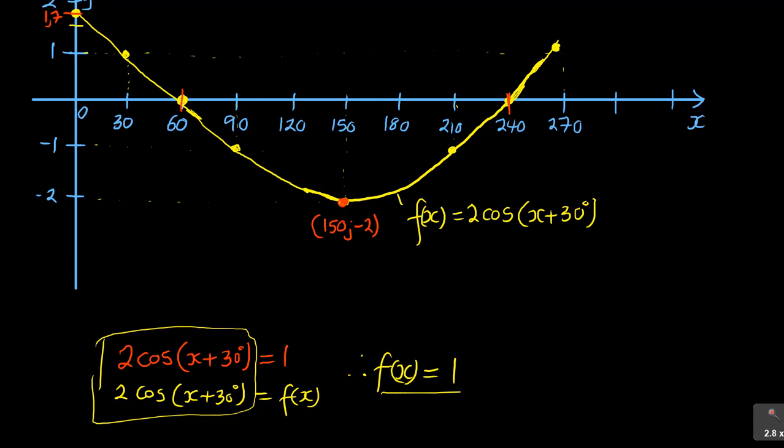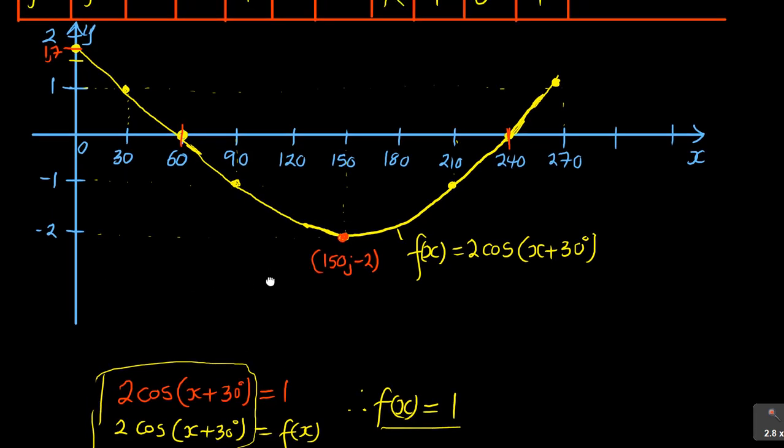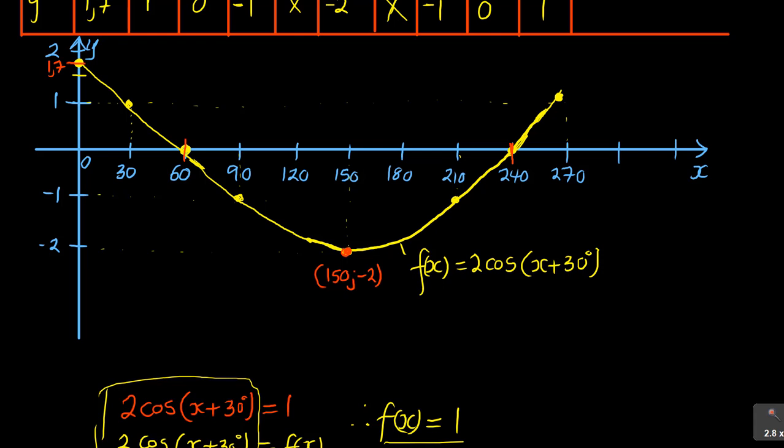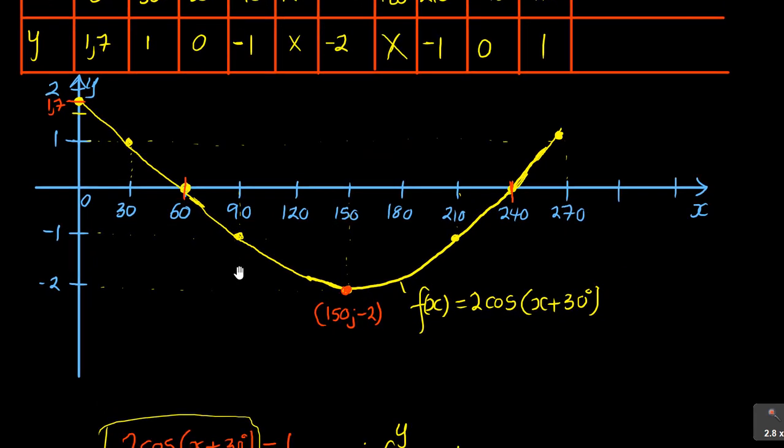So you're going to go back here. Remember, f of x is same as saying y-axis. So these are the y-axis, so y is equal to 1. So where is y equal to 1? You got your line. You can see y is equal to 1 there. That is where y is equal to 1.